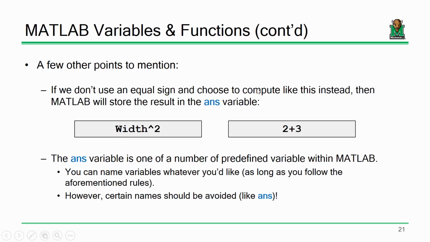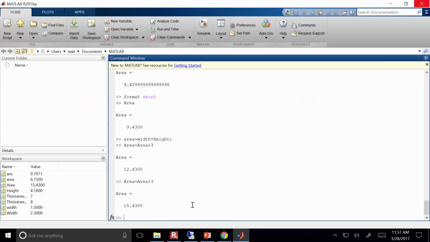All right? So there's some other things. We don't have to use the equal sign like we did in Excel. And that ans variable, ANS, is always being overwritten if you do type in just the numbers themselves. So here, we'd already calculated width, so we can do width squared.